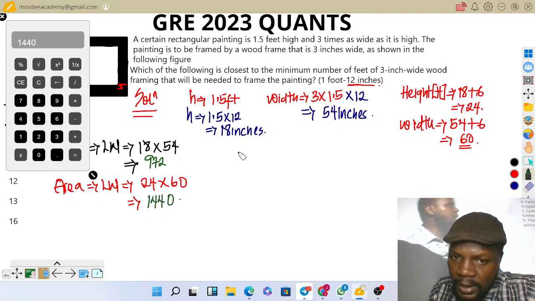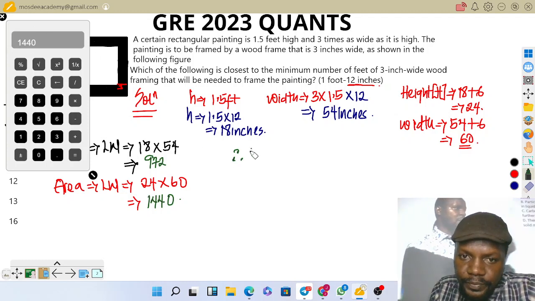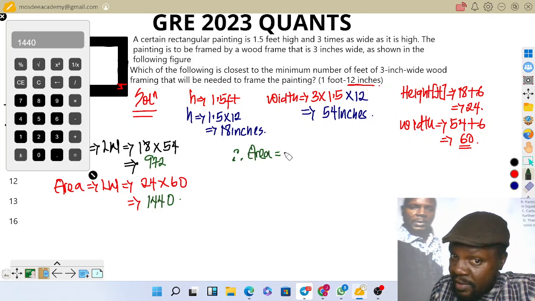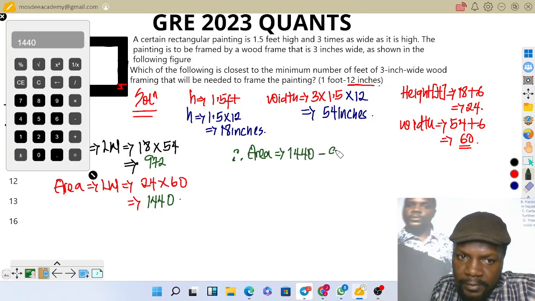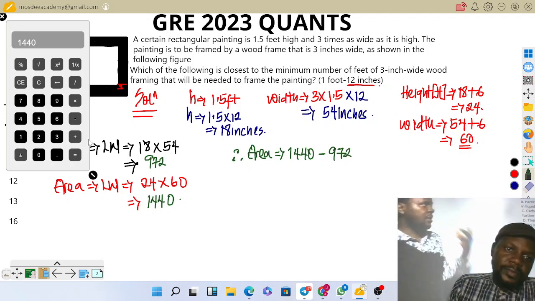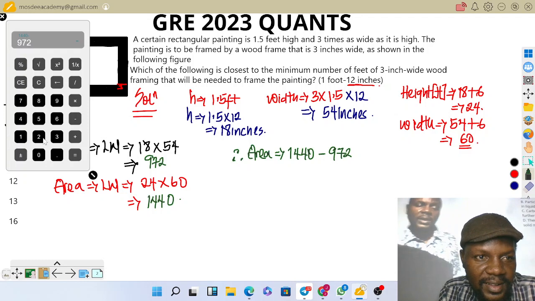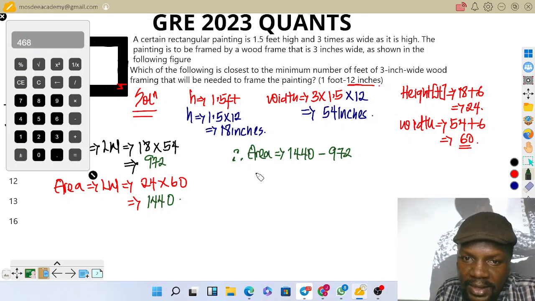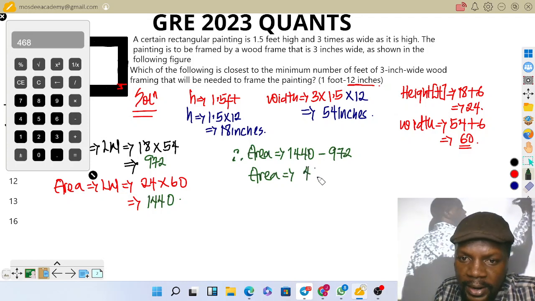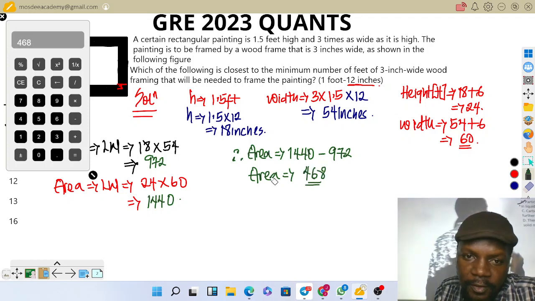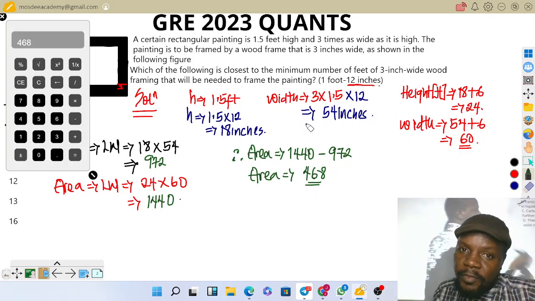So we can now conclude that the area of the frame, as a shaded part, is 1,440 minus 972. So here the area is 468. 468 square inches. I hope you know I'm solving in terms of inches.